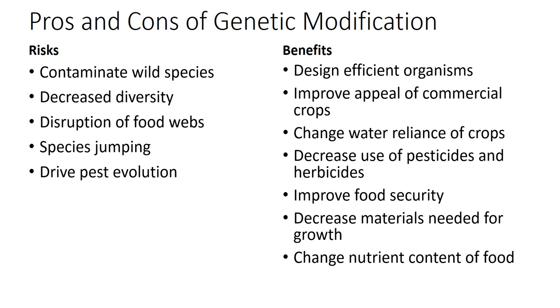I think I mentioned already driving the pest evolution. I talked about pest eradication, but one of the things that can happen is you introduce plants that increase their resistance to pests. Some pests are going to survive, and those pests are going to be even harder to control or harder to kill because they are able to withstand the actions that the plants or the people that are protecting the plants are taking.